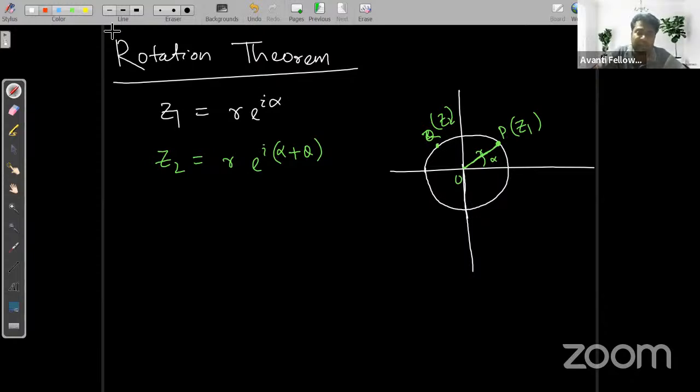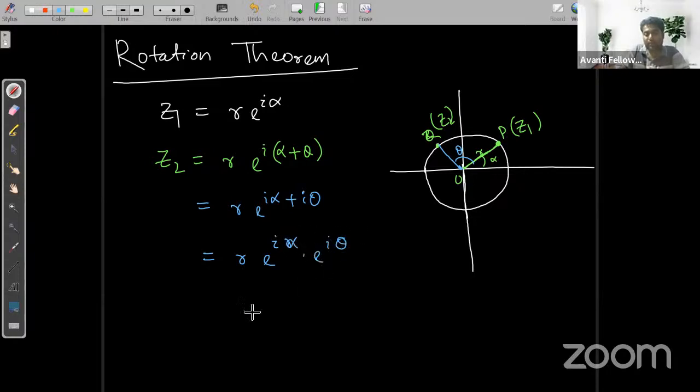Then this angle will be theta, and the argument of Z2 is alpha plus theta. Yes or no? So this can also be written as R into e to the power I alpha plus I theta, that is, e to the power I alpha into e to the power I theta also.